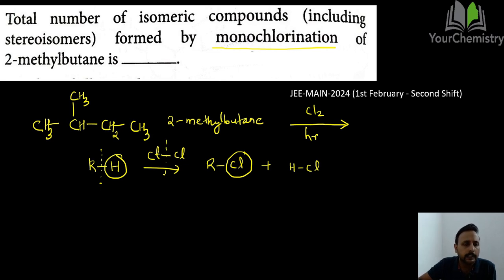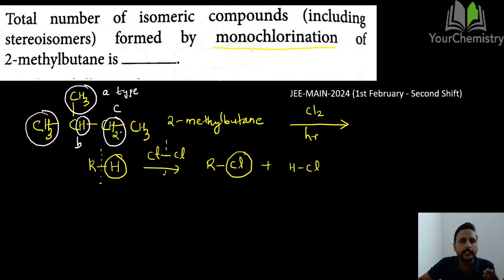This means the hydrogen atoms of this carbon and this carbon are of the same type, so I am marking it as A type. Similarly, this particular hydrogen is unique compared to the other hydrogens, so I am marking it as B type. The other hydrogen present here will be C type, because they are different with respect to the other hydrogens.